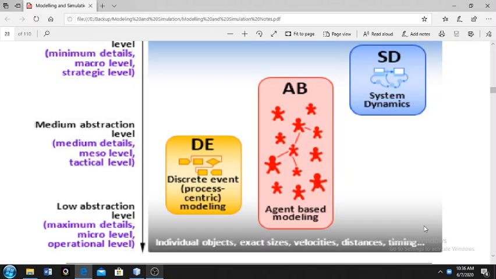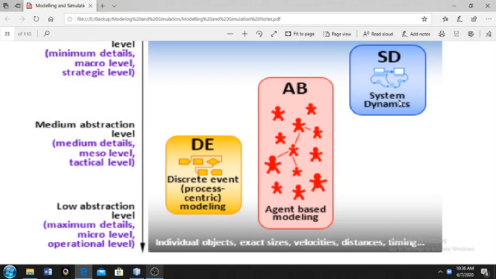You see on top here, when a system is very complex, like a social system, a market system, economics, human resource, a system made of very huge dynamics, then the method which is advised is system dynamics.